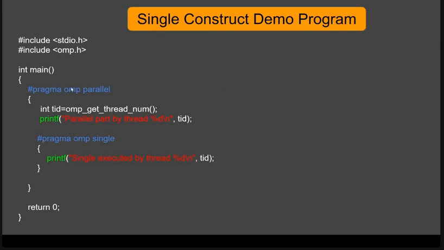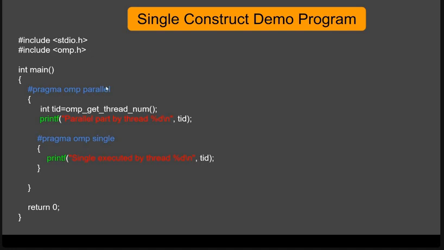So let's look at the program. We have pragma omp parallel. What this does is it creates a number of threads that will be executed in parallel. Then I'm doing int tid, which is omp_get_thread_num. What this will do is get me the thread ID, the number of the thread. And printf, this part will tell me how many threads were generated by the pragma omp parallel.